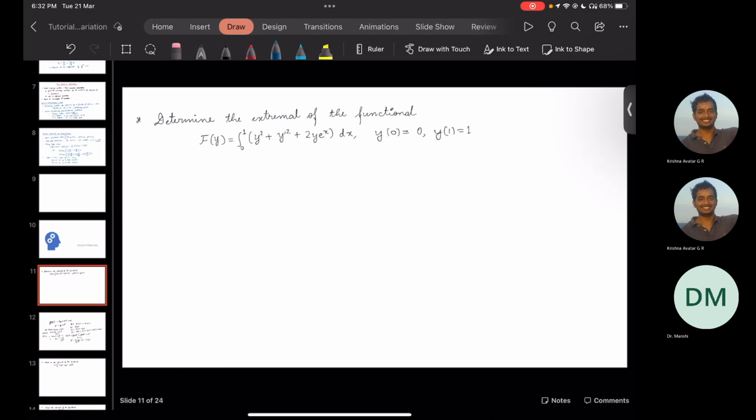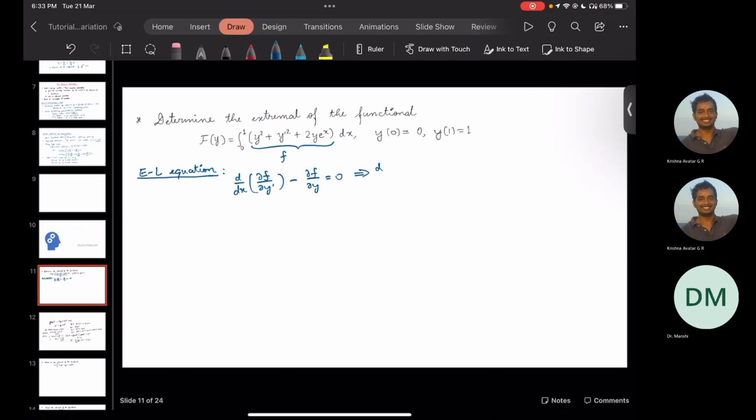So first, our integrand of the function. At first we'll find out the Euler-Lagrange equation. And this is defined as d by dx of del f by del y prime minus del f by del y is equal to 0.